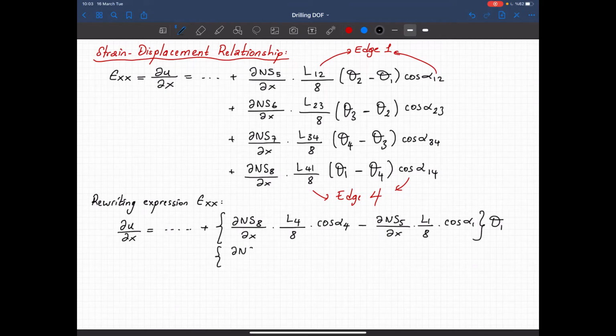Del Ns 5, now I'm looking at theta 2, over del x multiplied by L1 over 8 cosine alpha 1, minus del Ns 6 times L2 over 8 cosine alpha 2 theta 2.